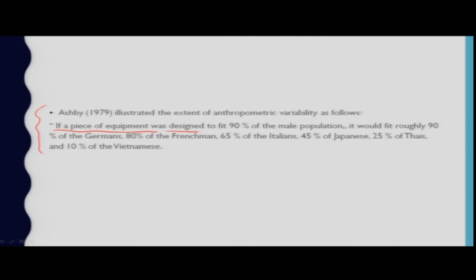Please note that if a piece of equipment was designed to fit 90% of the male population of the US, it would fit roughly 90% of the Germans, 80% of the Frenchmen, 65% of the Italians, 45% of the Japanese, 25% of the Thais, and 10% of the Vietnamese.